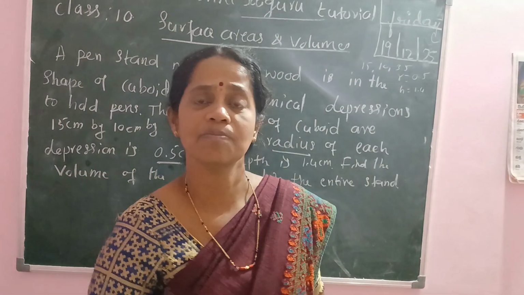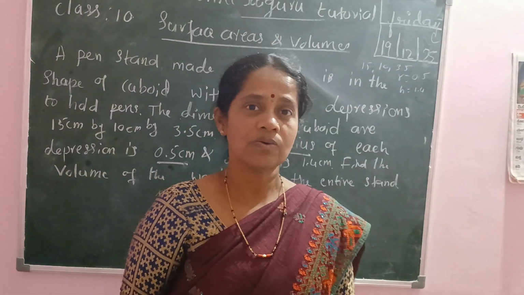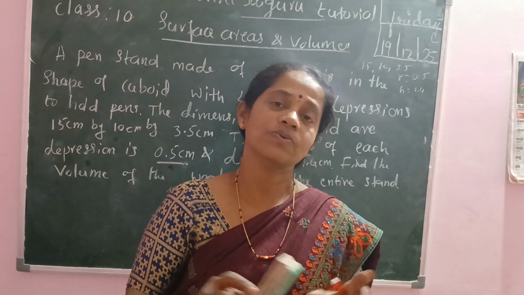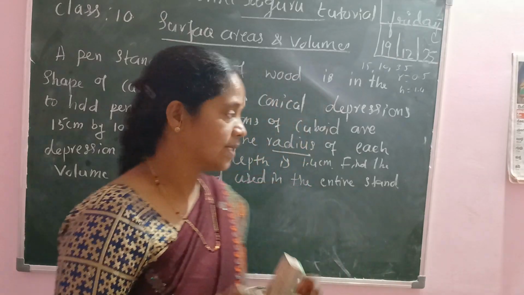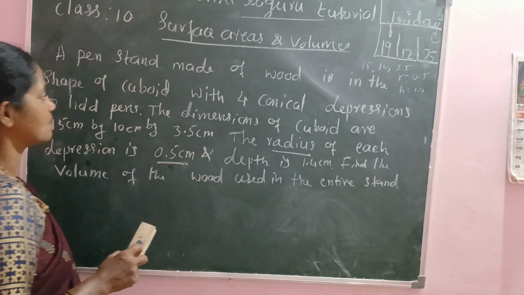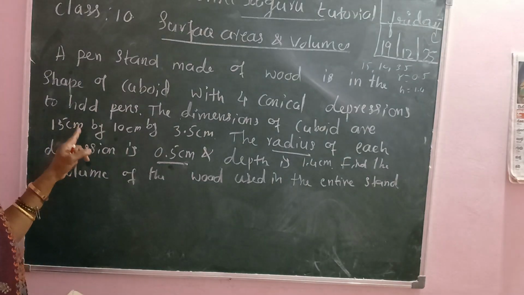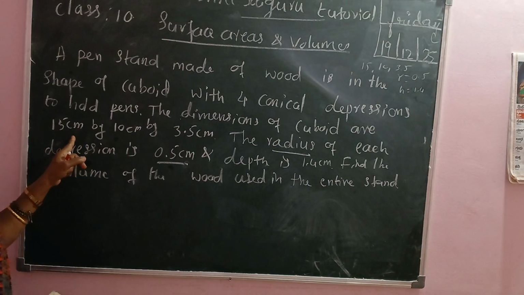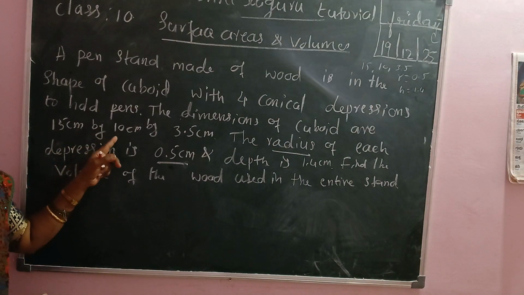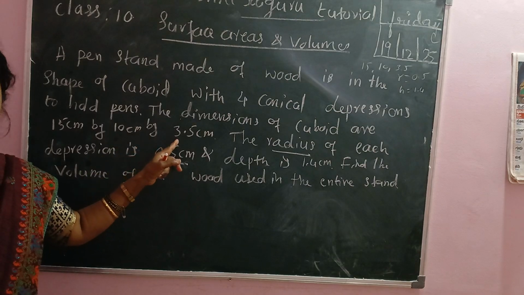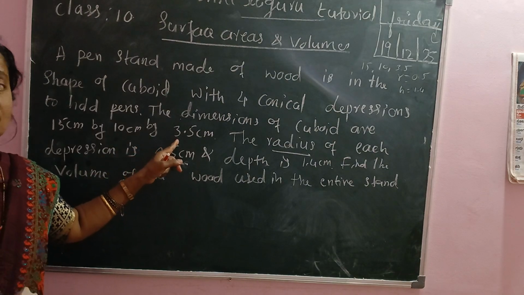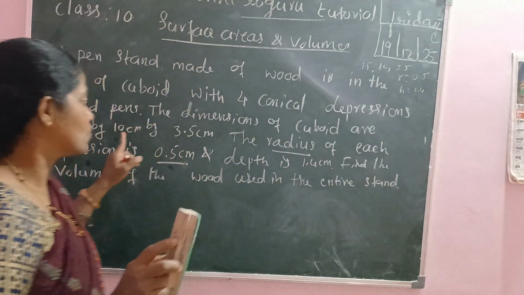Okay, this is a very simple question. What is the given situation here? You have one wooden stand which is in the form of a cuboid. The cuboid dimensions are given, 50 cm by 10 cm by 3.5 cm, meaning these are the length, breadth and height of the cuboid.